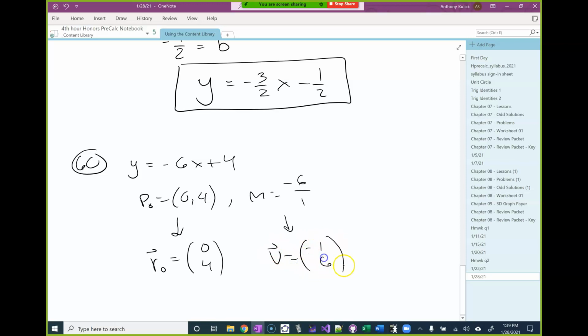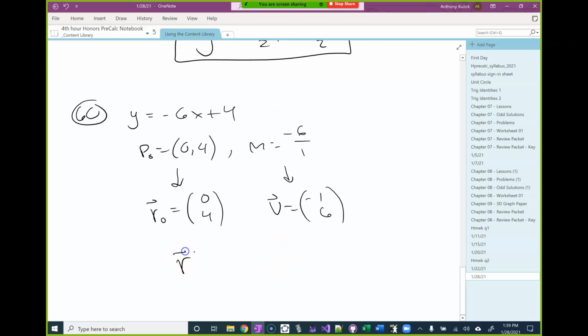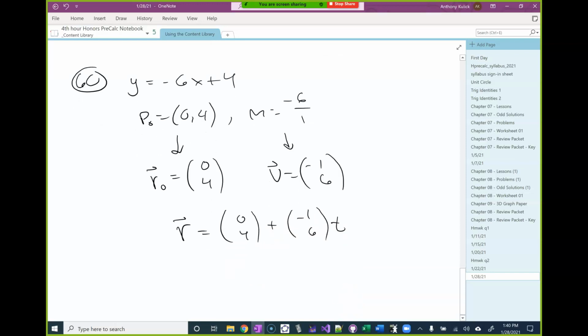And it doesn't matter where I put the negative sign, whether it's on the 1 or the 6. Either place is fine, but not both. So that's going to give me this vector equation. But that's in the wrong form. That's in IB component form rather than the linear combination form.